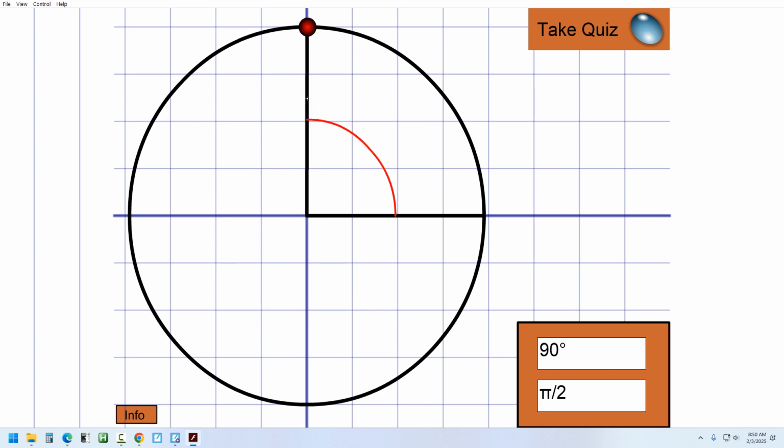Does anybody see what you can do to 450 degrees to change it into 90? Think about what I just did on that picture, when it was at 450, to make it 90. Divided by 5?